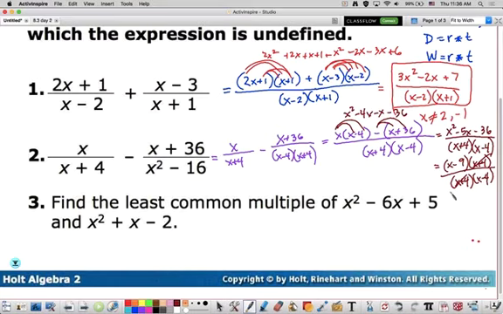Then you state the undefined terms, which are just 4 and negative 4. x cannot equal 4 or negative 4. So we're good with that? Any questions?